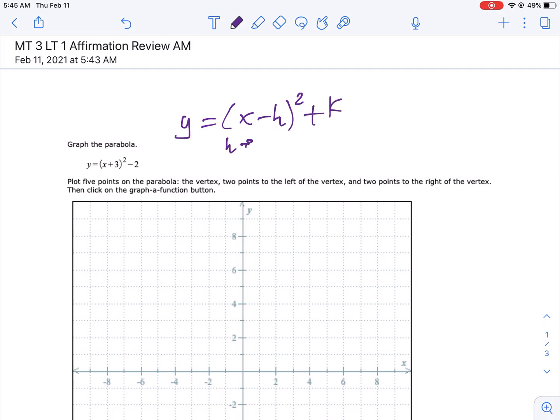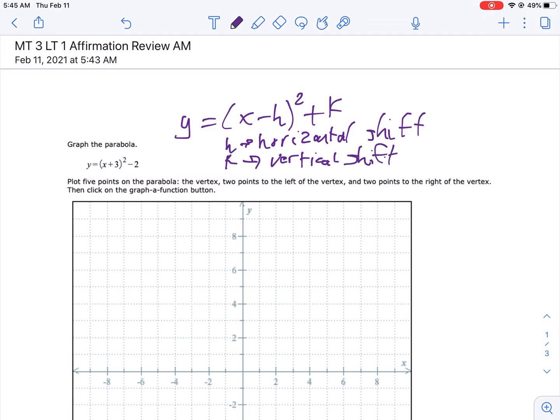H is going to be your horizontal shift. K is going to be your vertical shift. So your vertex is going to be at h comma k.